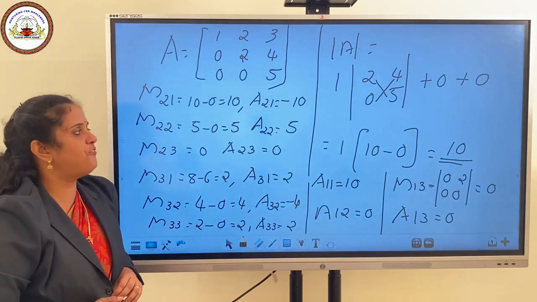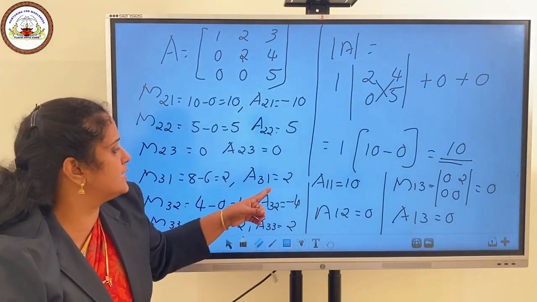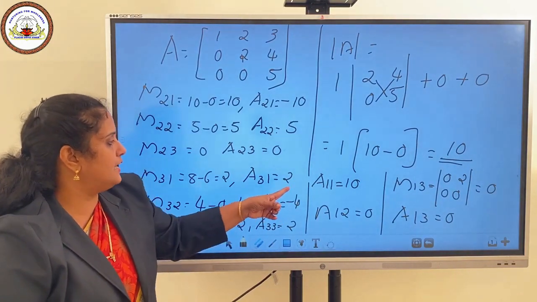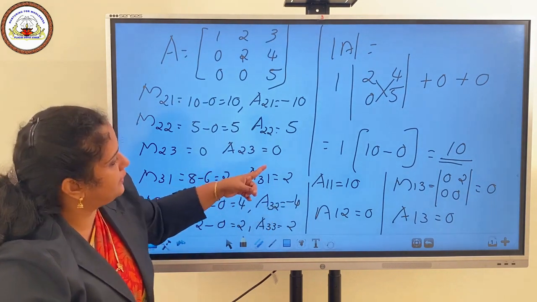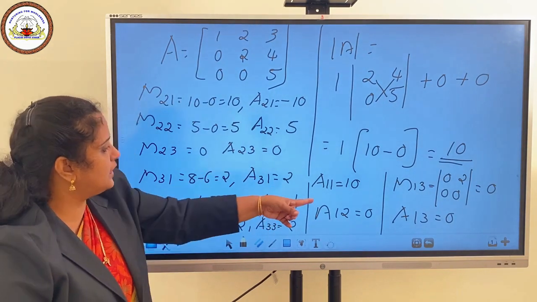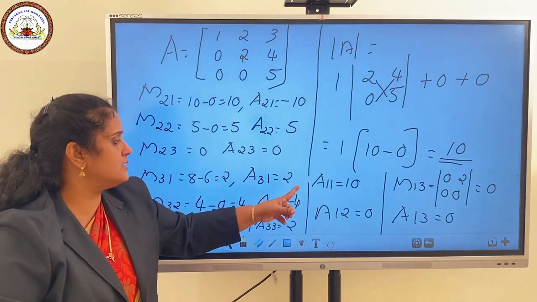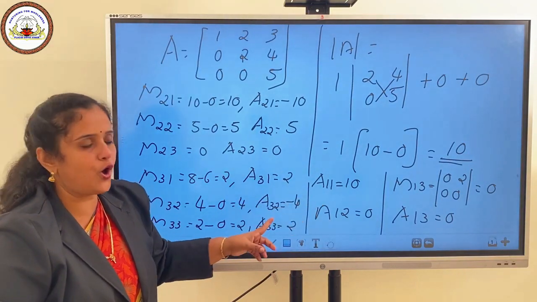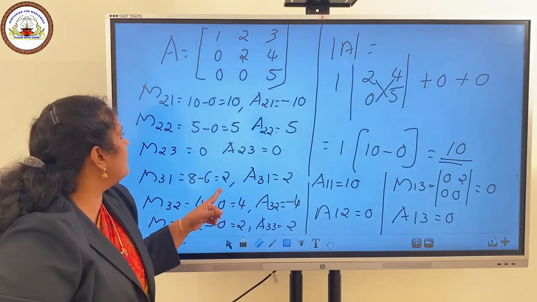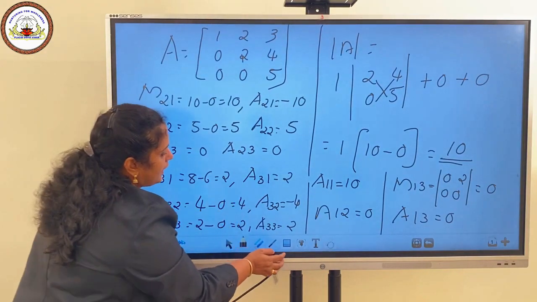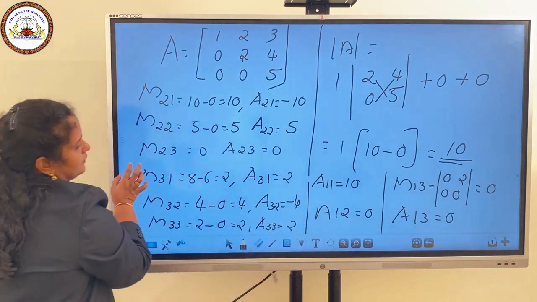Then we can find the cofactor of the elements. We got the answer A11 10, A12 0, A13 is also 0. That means the first row cofactor is 10, 0, 0. The second row, then we can write the cofactors.